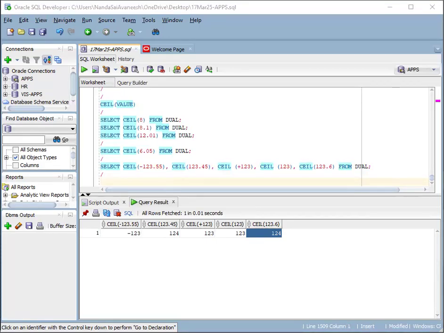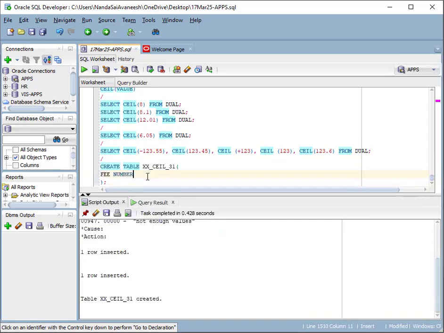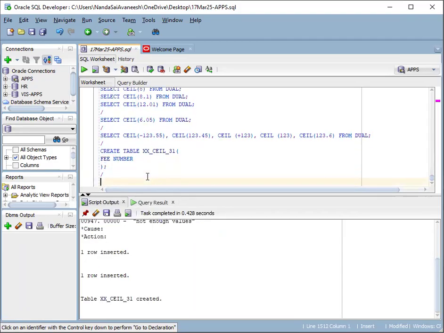Suppose I want to create a table. Create table xx_ceil_31, I'm going to create one table using only one column. So the table is created.